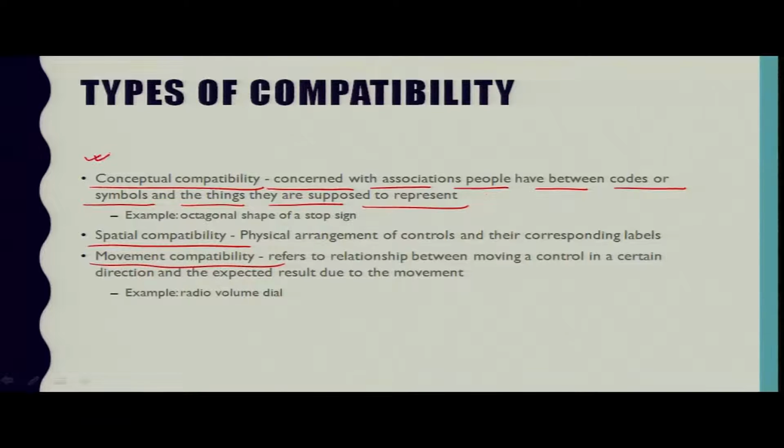So clicking an icon and identifying the operation performed can be considered an example of conceptual compatibility. Another example is an octagonal stop sign at a road intersection, used to stop the vehicle.